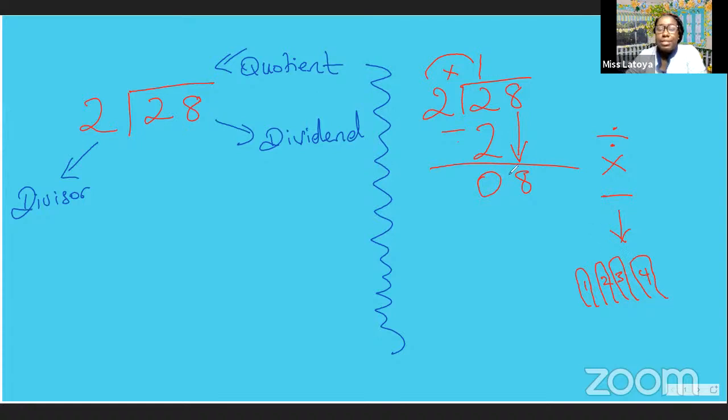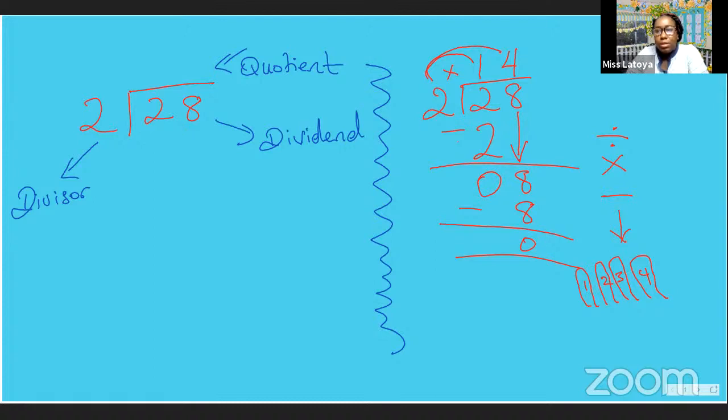See how I did that? So 2 can go into 8 4 times. 2 4s are 8. So now we are going to subtract, and 8 take away 8 is 0. So you see how we did that? 2 into 28 is 14.